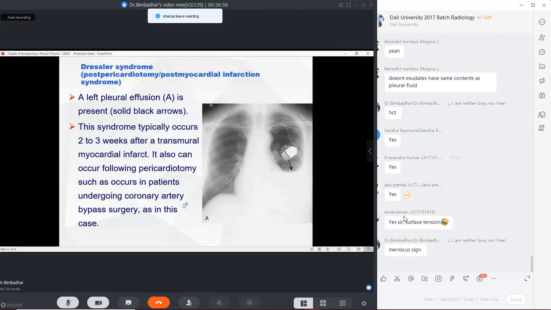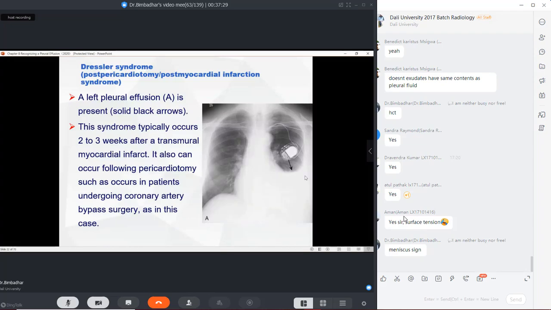And you also have to understand in the meniscus that the lateral end of the meniscus is higher than the medial end. That is how you recognize if this is a pleural fluid or some kind of atelectasis. How can we differentiate a pleural fluid from an atelectasis? The lateral end of the pleural fluid is higher compared to the medial. Also, this fluid level changes according to the side the patient is lying.